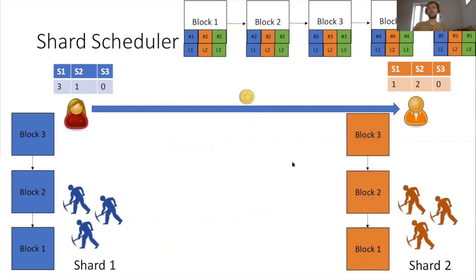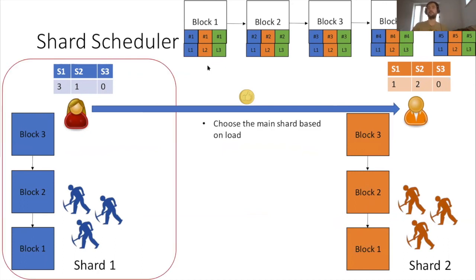And using those data structures, when Shard Scheduler encounters a cross-shard transaction, first of all, we try to determine the list of all the shards involved in the transaction. Once we have that, we look at the load balance statistics available from the reference shard, and we choose what we call a main shard for this transaction. This will be the least loaded shard from across all the shards involved in this transaction.